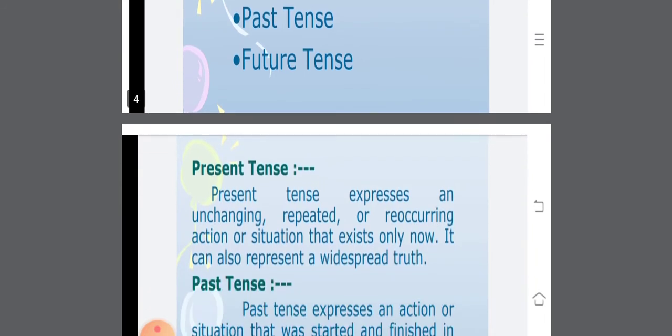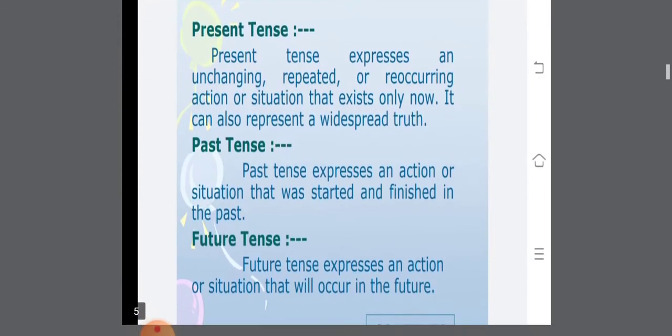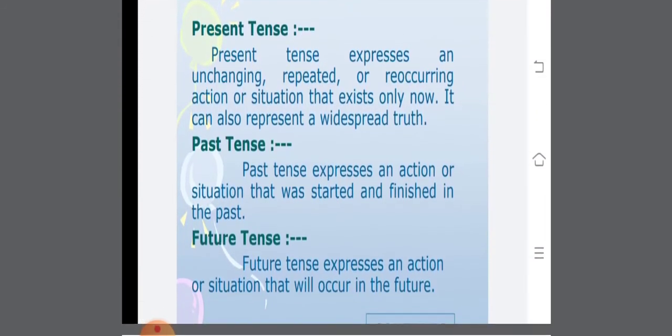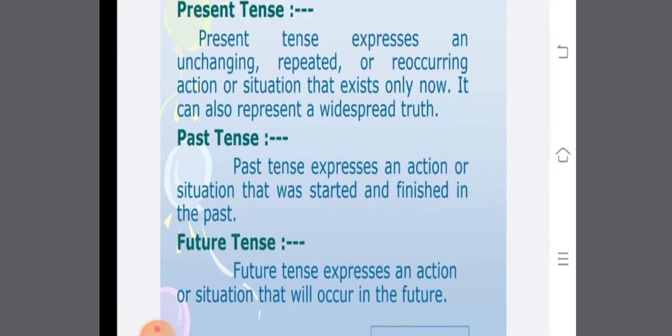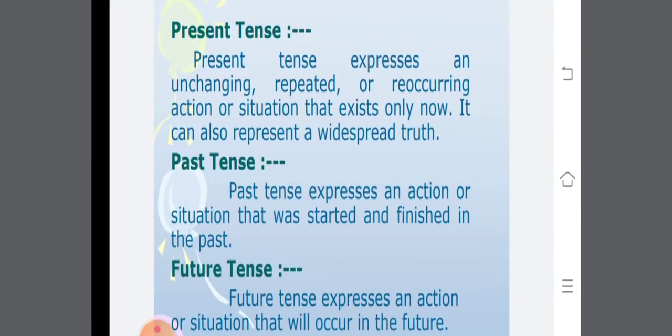Now what is present tense? Present tense expresses an unchanging, repeated, or reoccurring action or situation that exists only now. It can also represent a widespread truth, universal truths. So present tense expresses what?